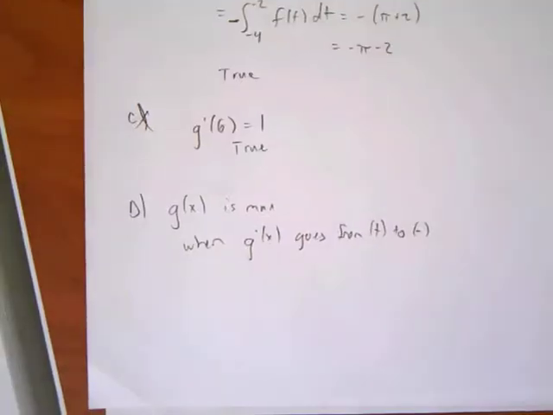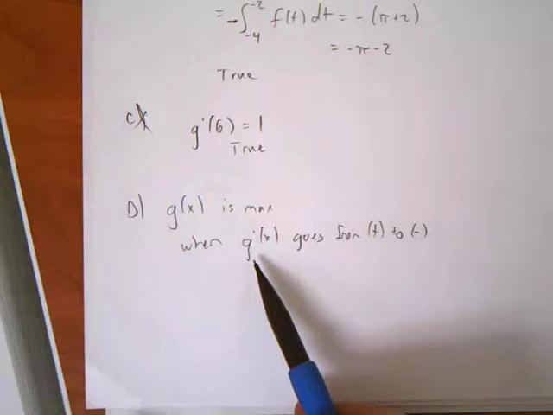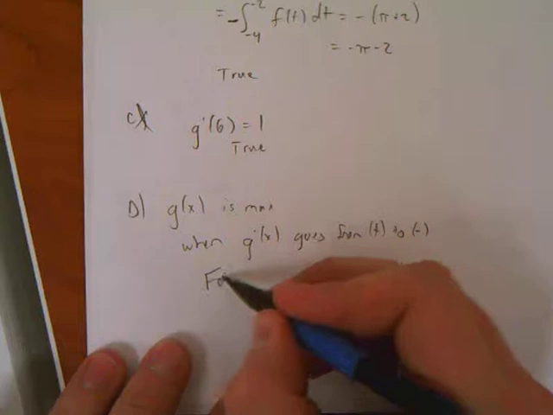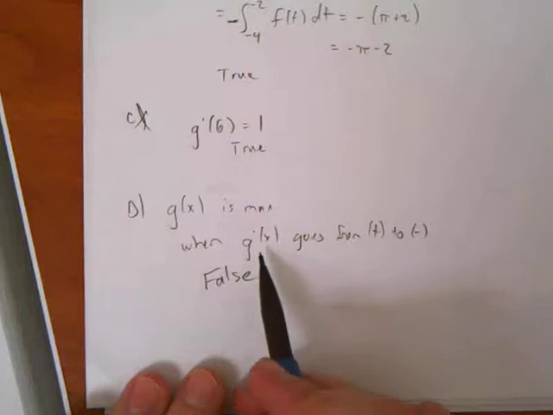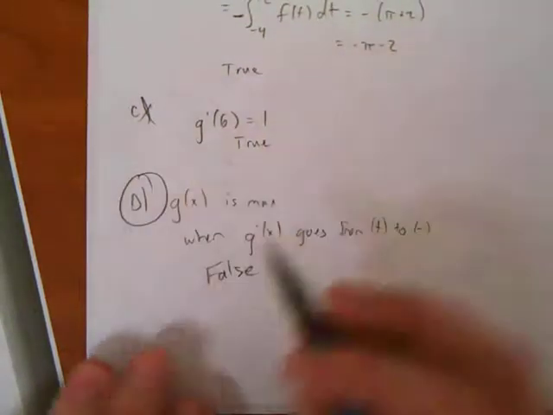So if we want to know when g prime of x goes from positive to negative, we look at the graph of g prime. And g prime is just the graph of f. And f never goes from positive to negative. F is positive the whole time. So this is false because g prime of x is always positive. So g of x is always increasing. So D is going to be our answer there.